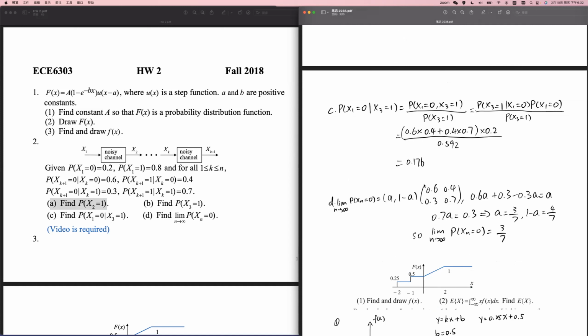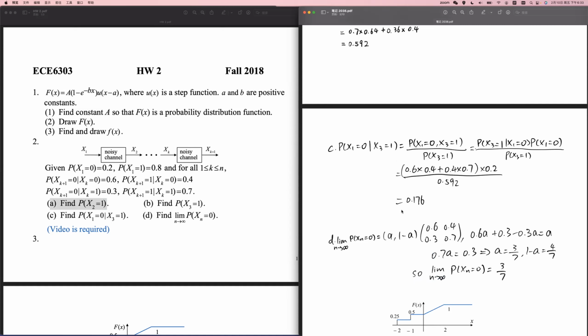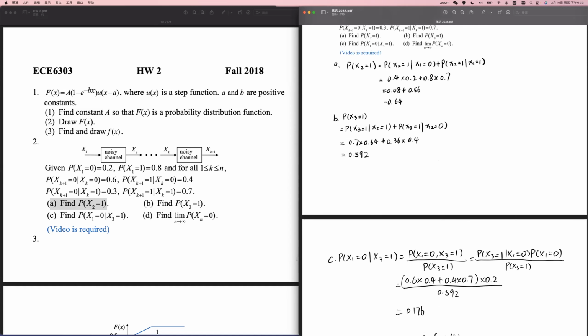And according to the formula, I can write it in matrix form that for xn equals 0, it should be A times 0.6 plus 1 minus A times 0.3. This is similar to what I tried to do here.